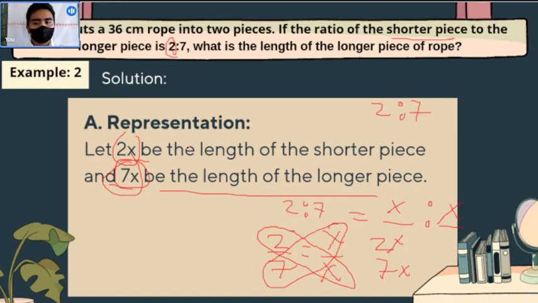Now, from 2x and 7x, what are we going to do in order for us to know the value of x? Because that is the one which is missing, isn't it?